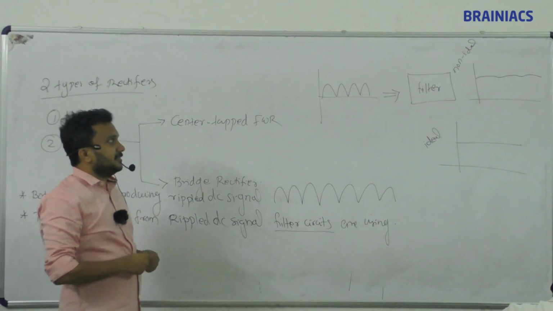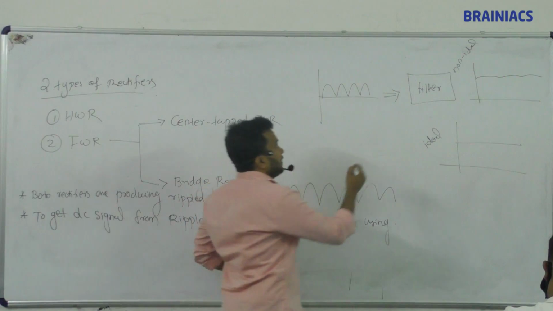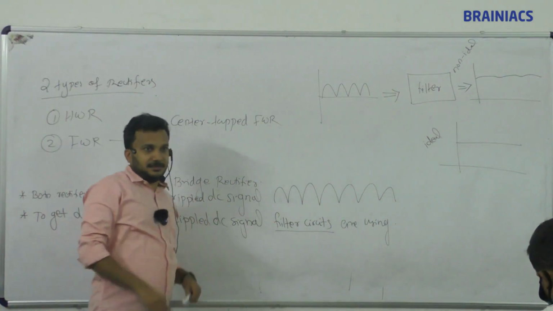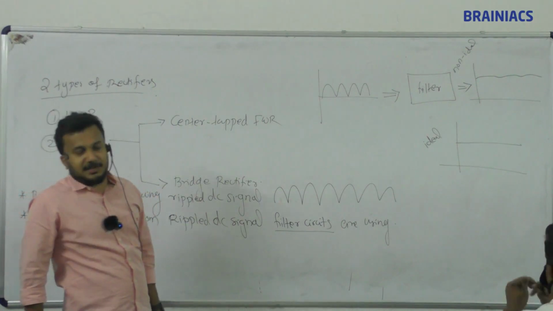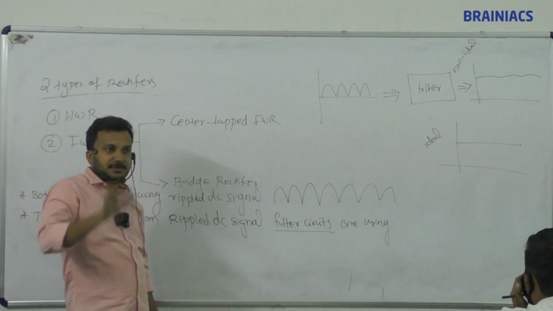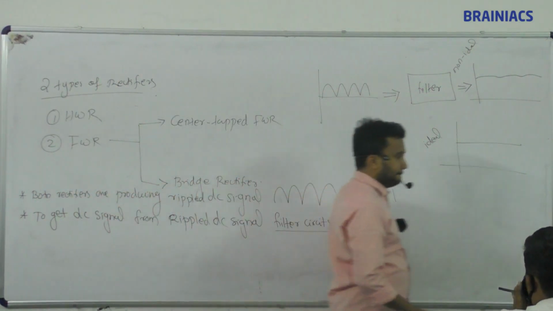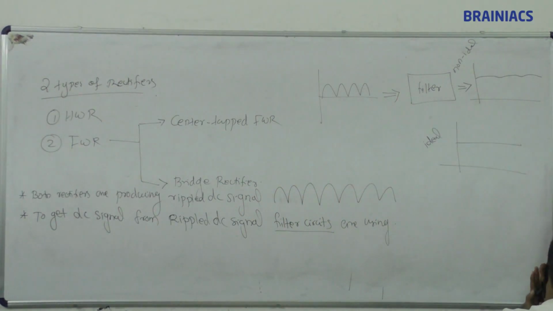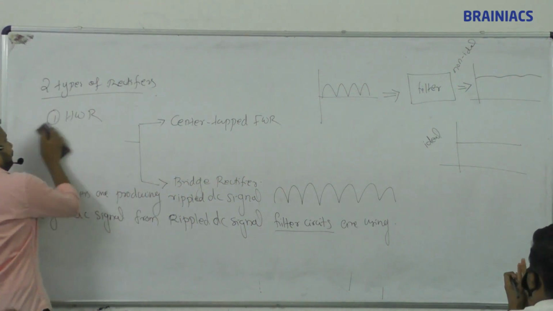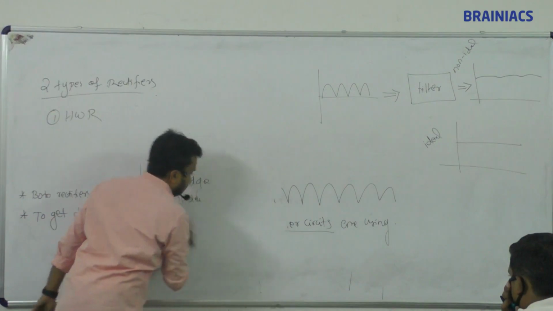For rippled DC, we pass it through a filter circuit, and then you get a non-ideal signal, more or less similar to practical. Small ripples will be there, but big ripples like this will not come. Okay. So we have to learn all these things. We'll go one by one.